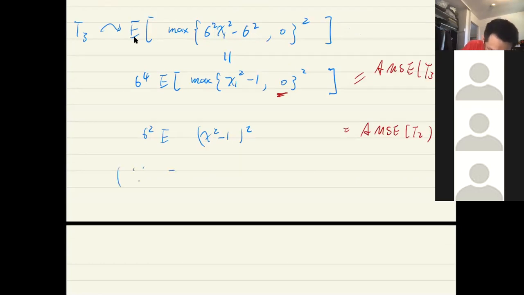This is because if you have a variable z, z square is always bigger than some value a square.